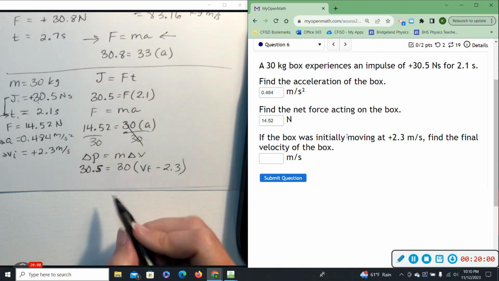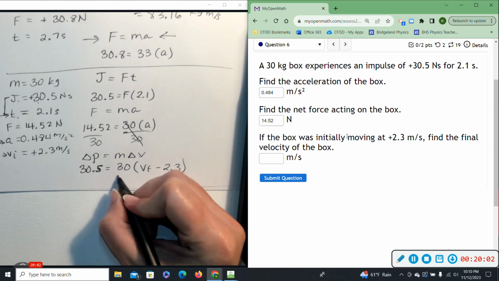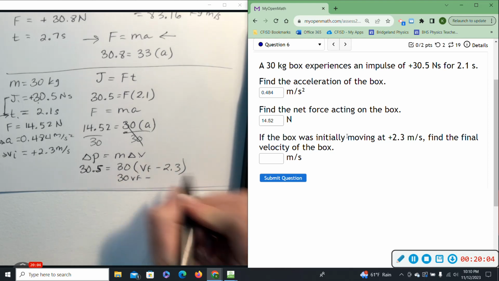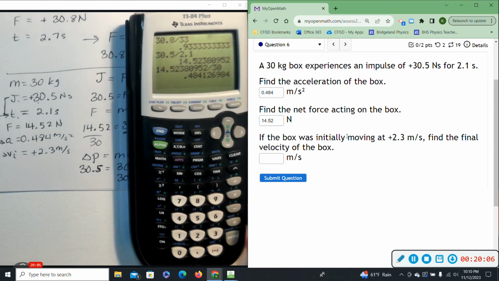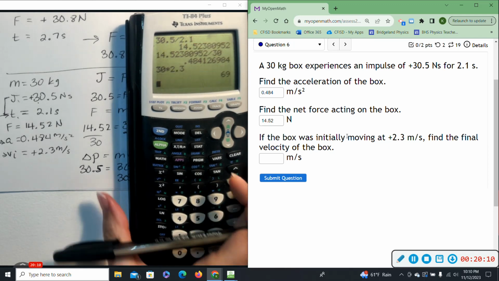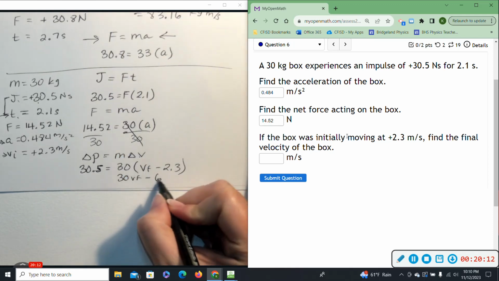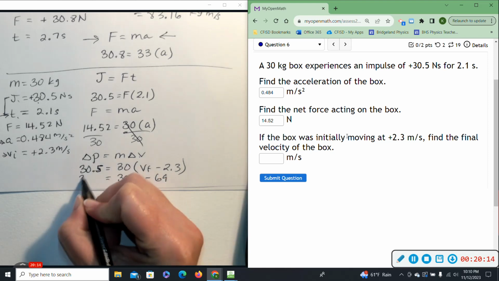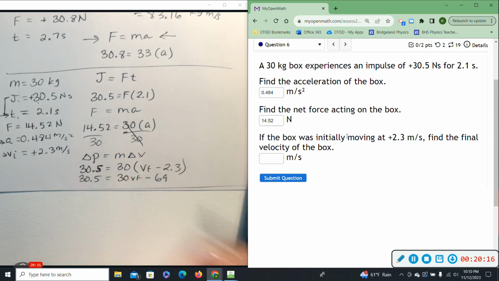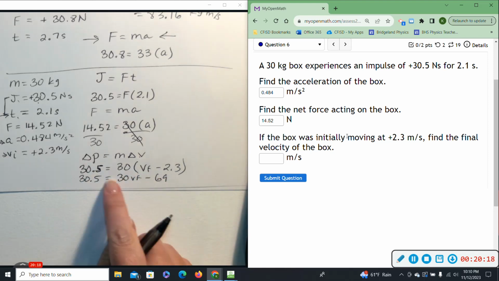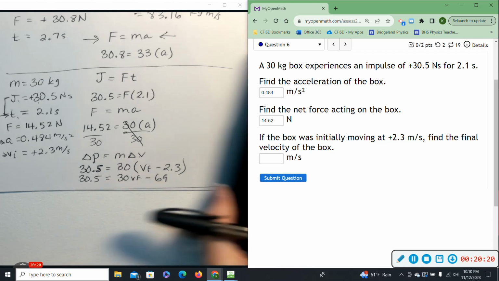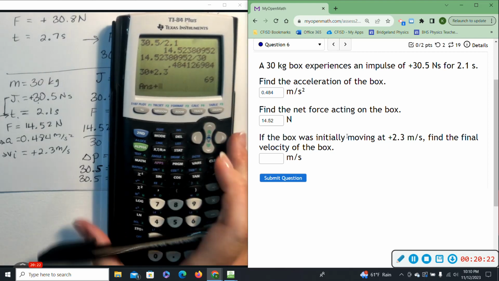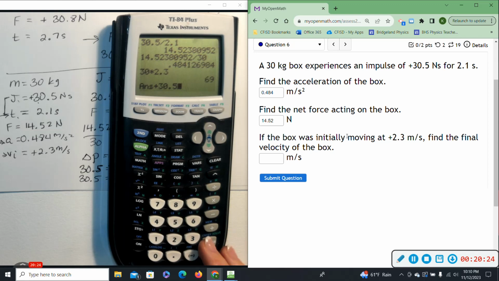Okay, if I want to solve this, I need to go ahead and distribute this, and I have 30 VF minus, let's do 30 times 2.3, and that's 69. Okay, so again, we're going to add 69 to both sides to get that out of here. So let's add that to 30.5.